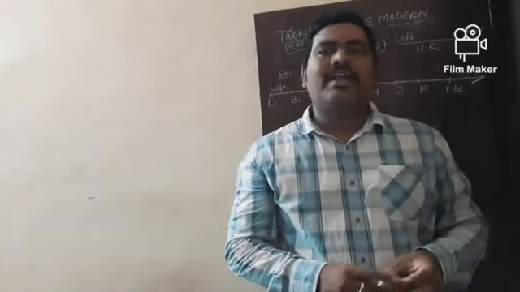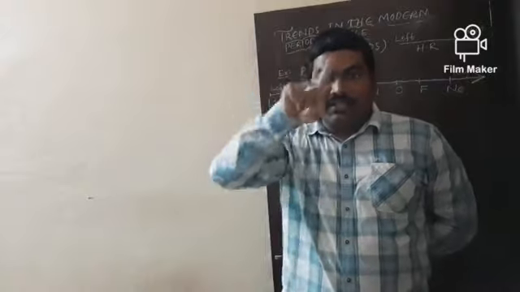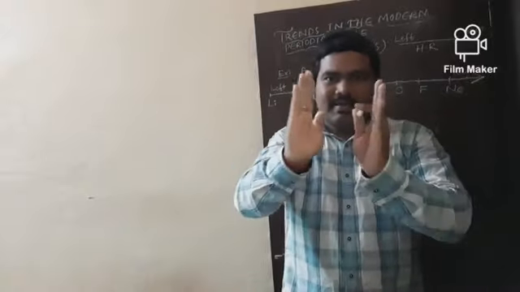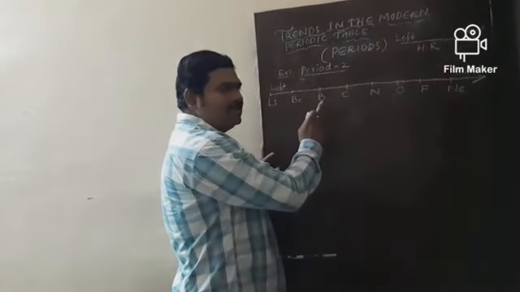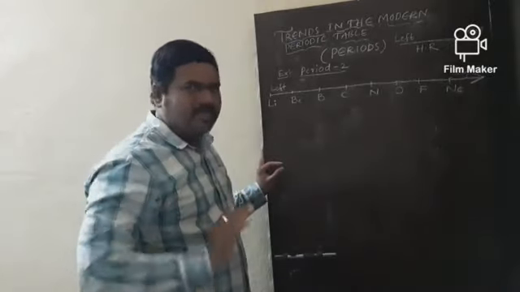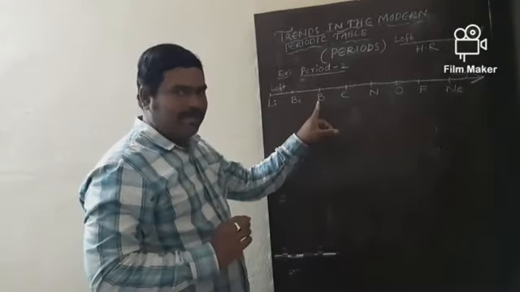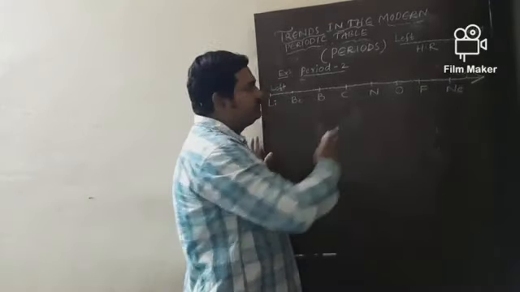In the modern periodic table, these metalloids are in the form of a zigzag line which separates metals from non-metals. Now coming to boron, boron is the first metalloid. After silicon, other metalloids are also there, but boron is the first metalloid. What about carbon? It's a pure non-metal.